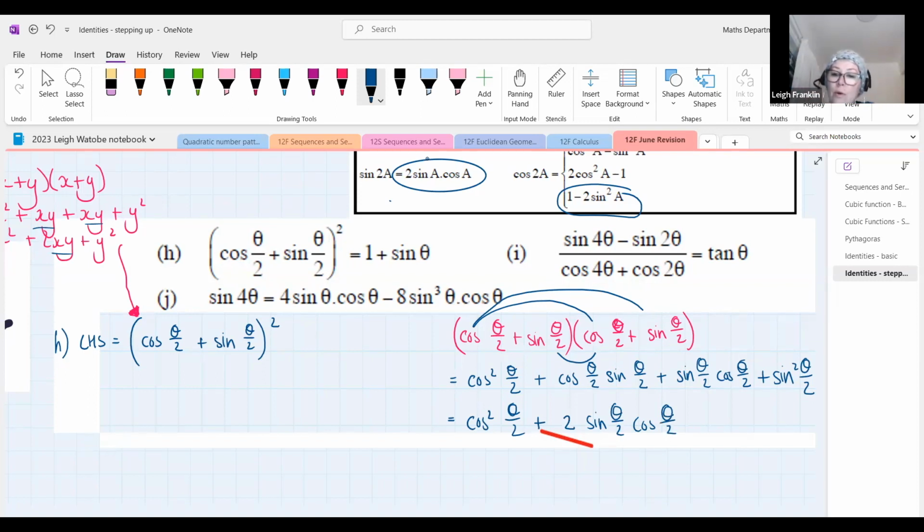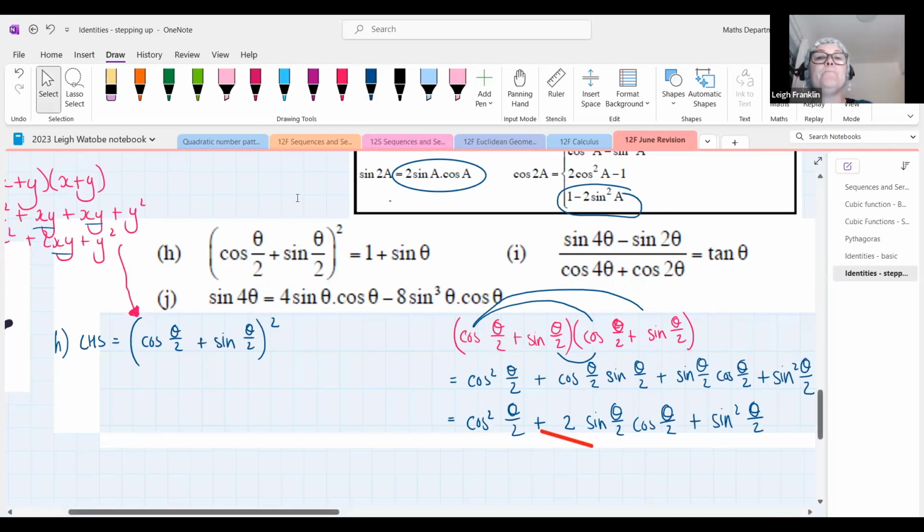Okay. All right. Plus sine squared theta over 2. Okay, that's what you should have. All right, so you're not adding the angles. No, Amahle, there's no error in the question.